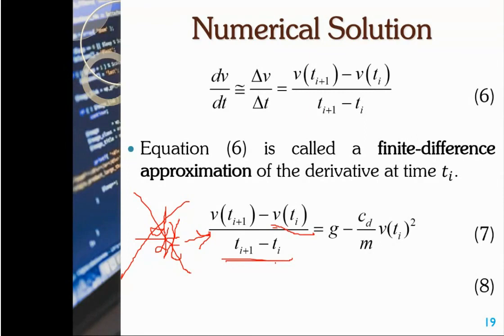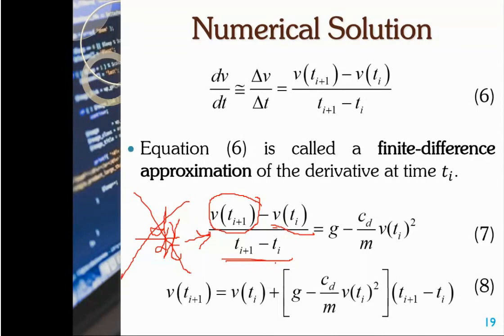We are going to send all this to the other side of the equation and leave this one here because that will be our future value that we are interested in. Okay. So once we do that, we are getting equation 8. And in equation 8, we have our velocity, which we would like to estimate, which will be equal to a certain velocity, which will be a past value. Remember that this is t_i, and this side will be t_{i+1}, okay?